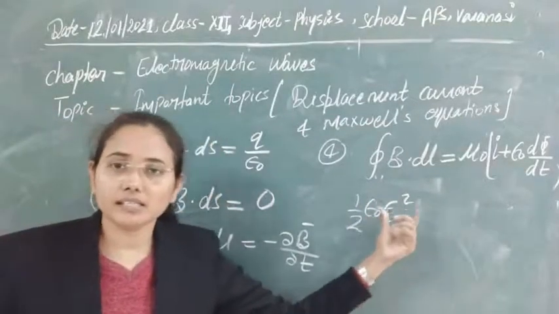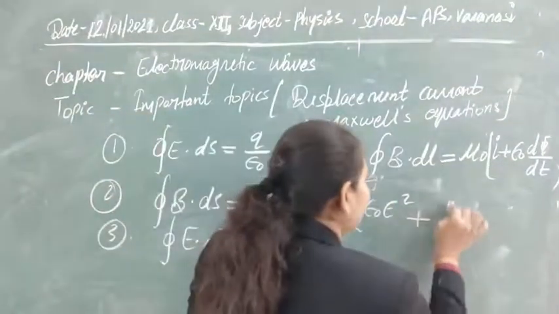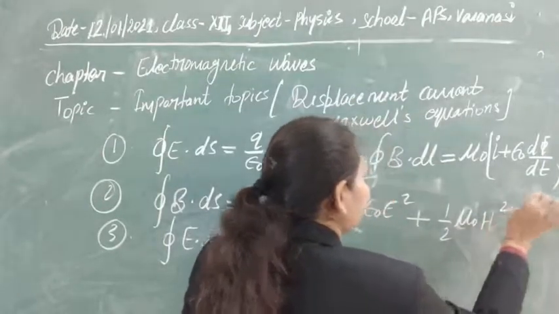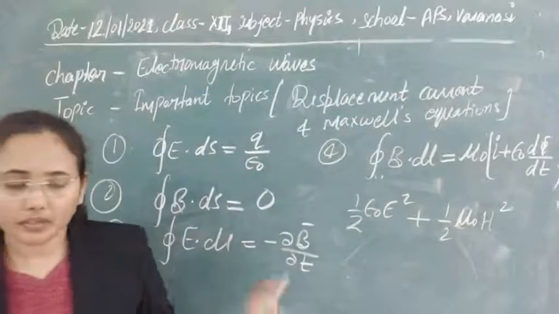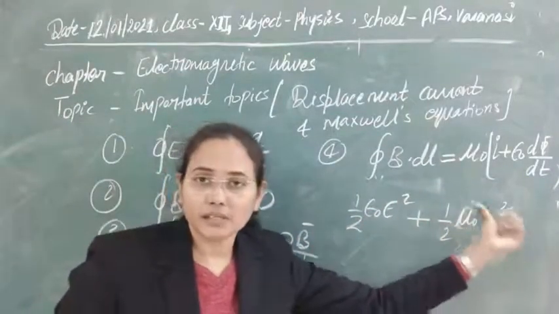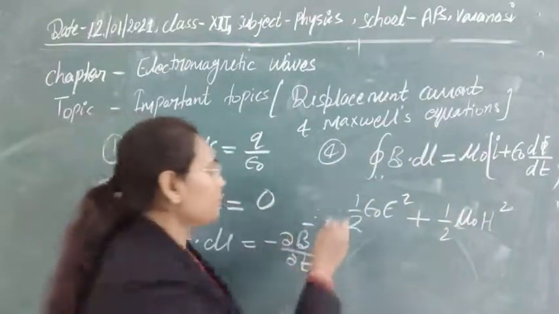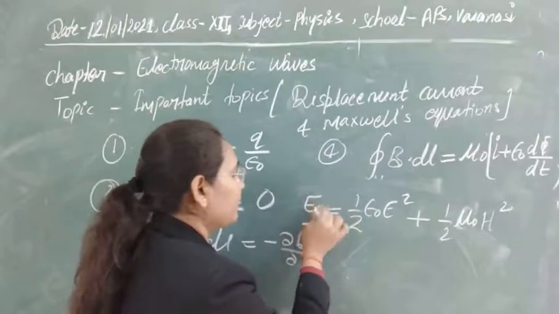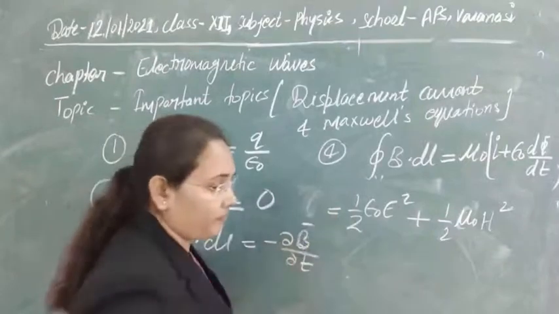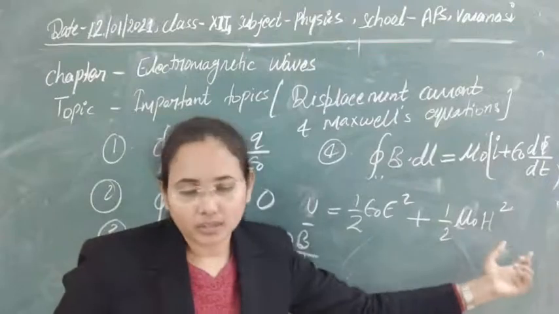This is the energy carried by the electric field in free space, and this is half mu 0 H square, the energy carried by the magnetic field in free space. If you add these two, this is known as the electromagnetic energy of the electromagnetic wave. The relationship between H and B, you already know.